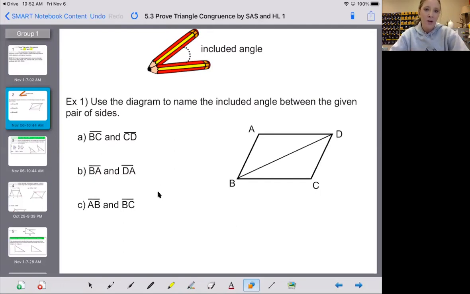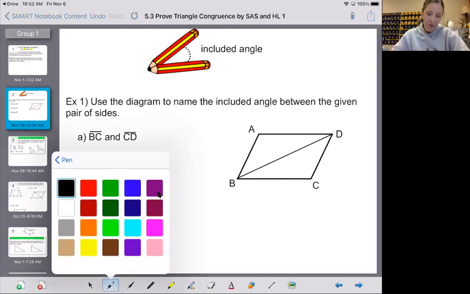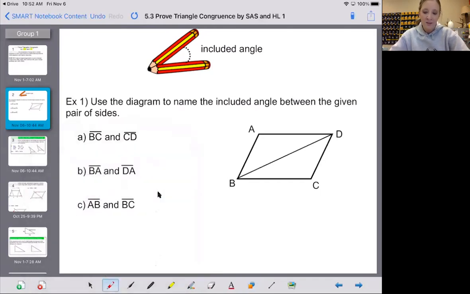So in the example here, it says to use the diagram to name the included angle between the two sides, or between the pair of sides. And so on example A, it says segment BC and segment CD. And so the included angle between these two sides would be angle C, of course.